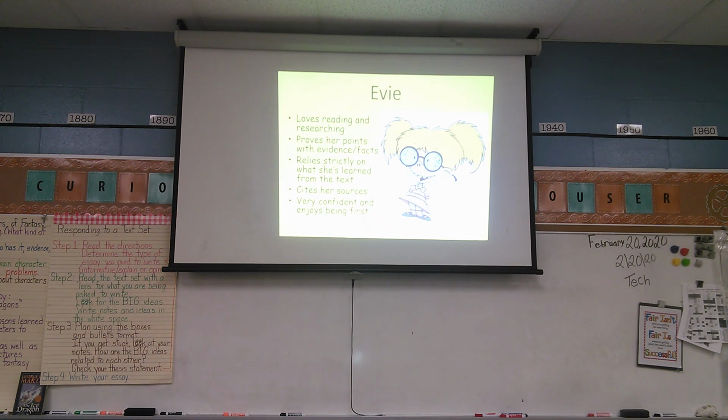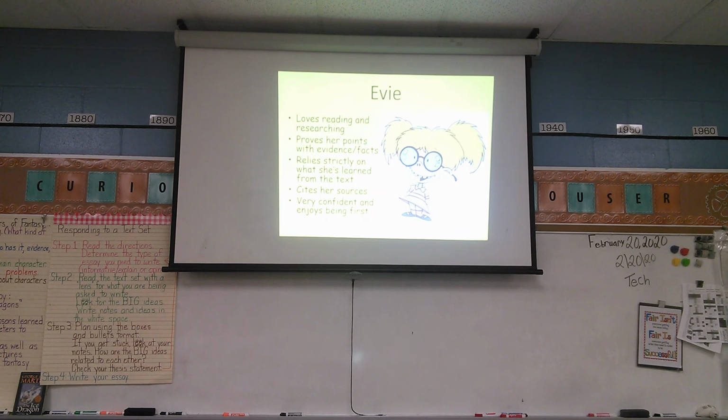If you look at the bullets on our slide, Evie loves to read and research. She proves her points with evidence and facts. She relies strictly on what she's learned from the text. She cites her sources. She says where it came from. And she's very confident, and she enjoys being first.